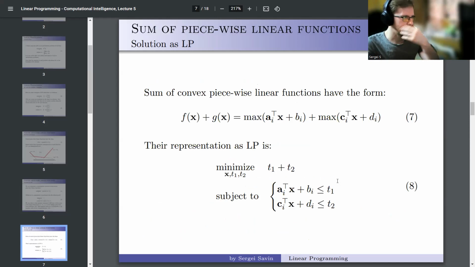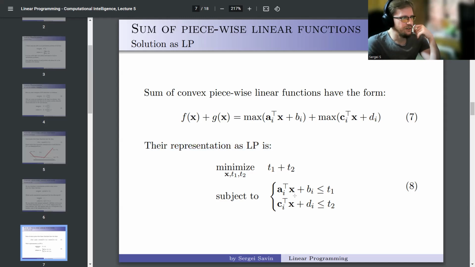Now, the sum of two piecewise linear functions can be written this way. It is the max over the first one plus the max over the second one. So that's how you sum them. Kind of feels natural. This can be represented as the following LP.